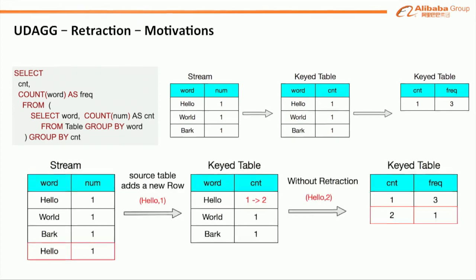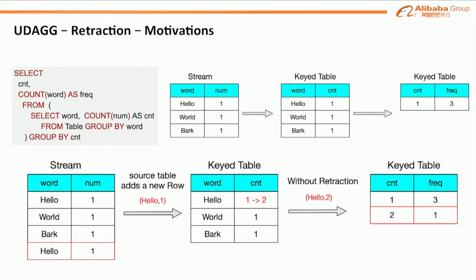Now if a new word comes in, hello, then the count for hello jumps from 1 to 2, and we insert a new value into the resulting table, 2 and 1, because only one word appears twice.